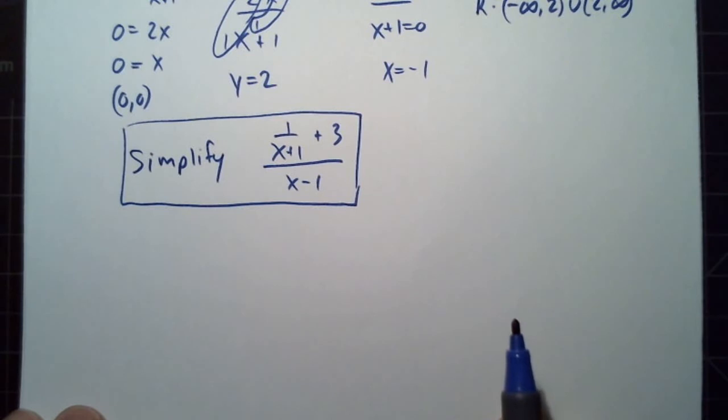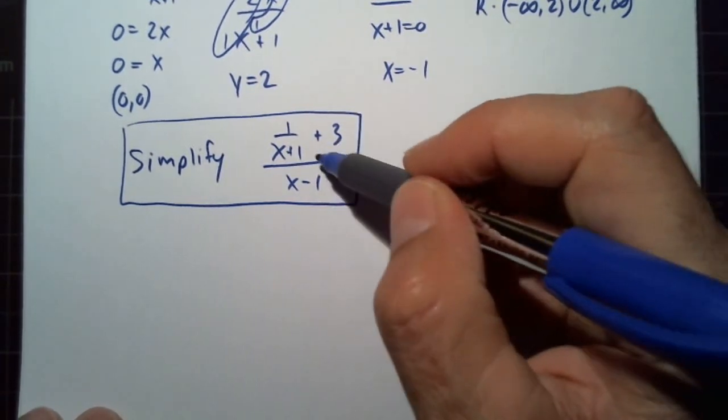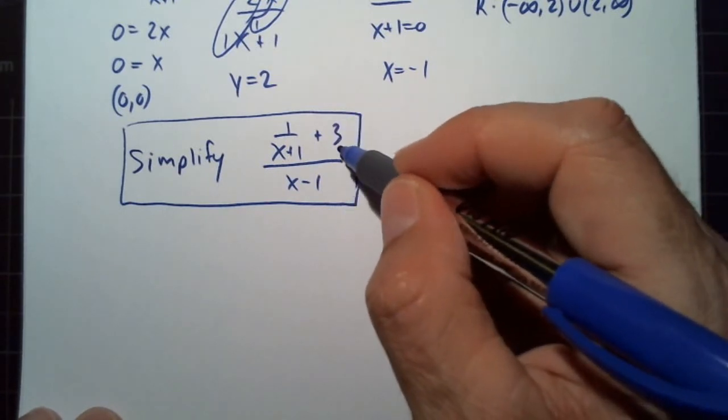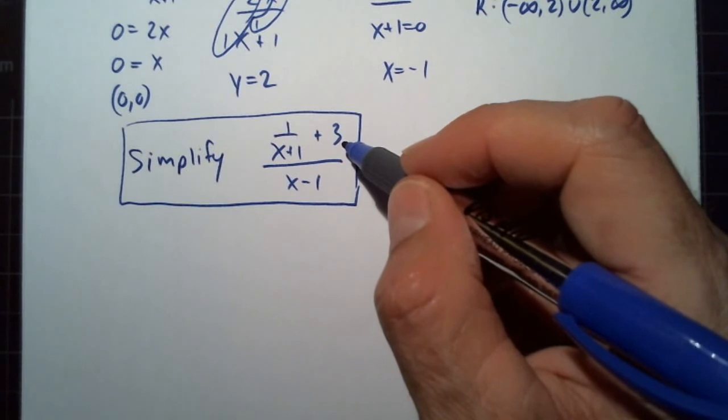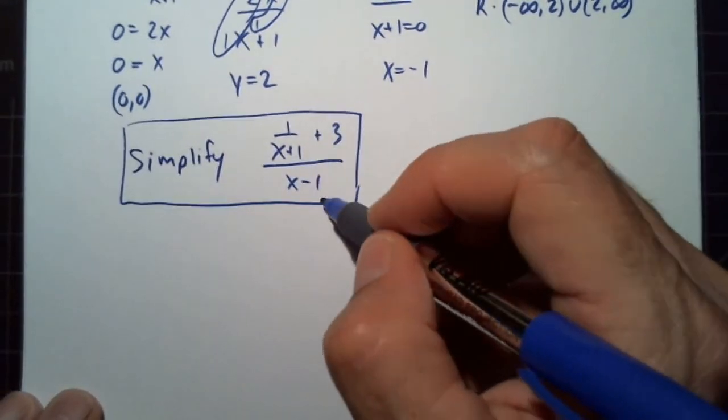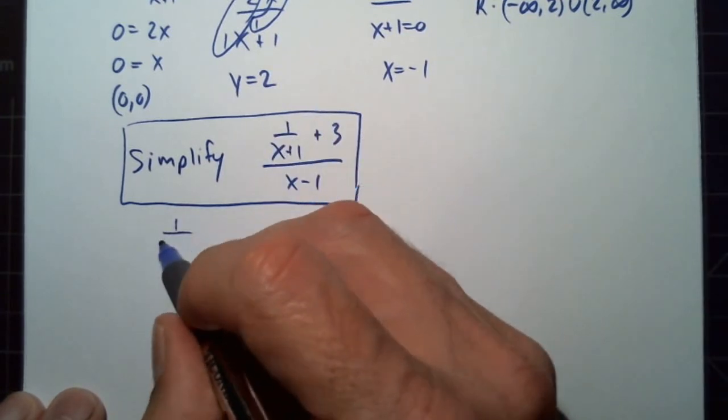And there are two ways to do it. We could multiply numerator and denominator by x plus 1. Or we could get the common denominator up here and combine and then simplify. So why don't we just multiply numerator and denominator by x plus 1.